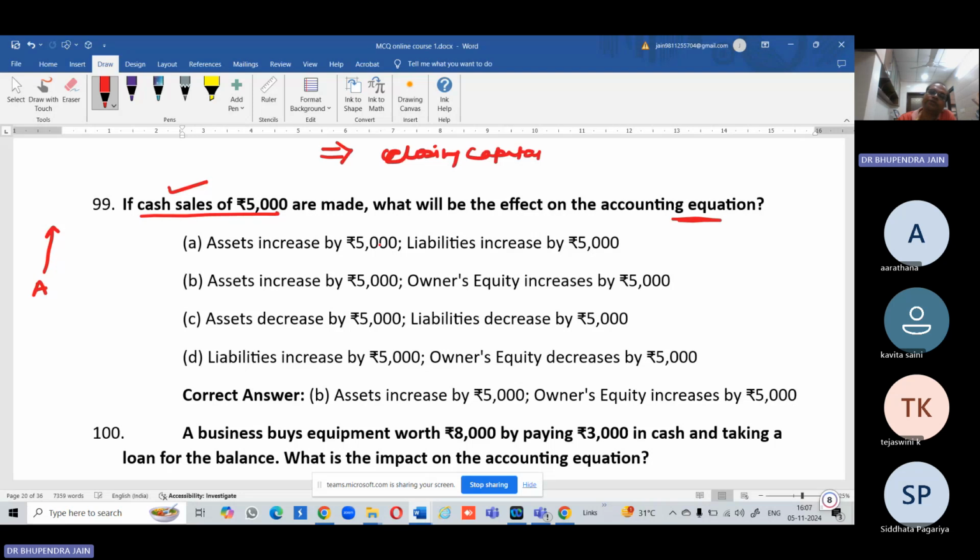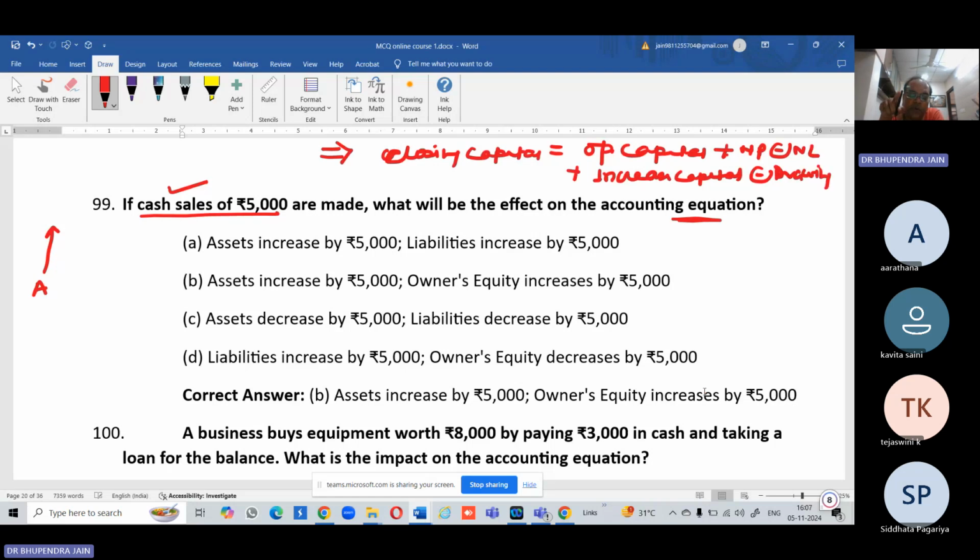So now what is the closing capital? Opening capital plus net profit or net loss, plus increase in capital and minus drawing.